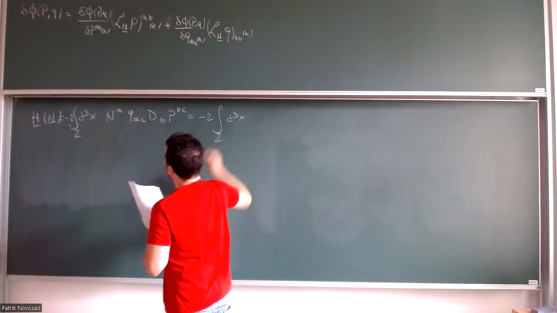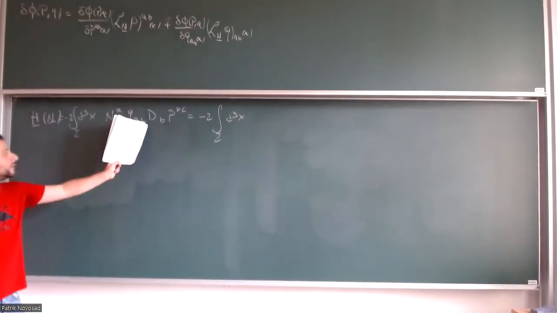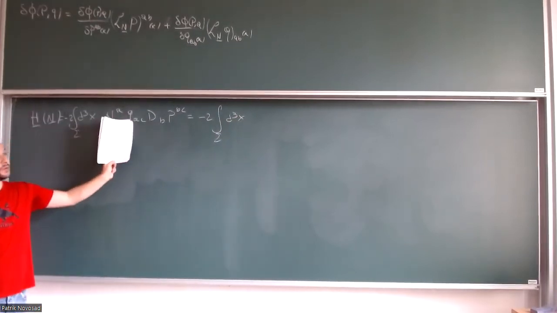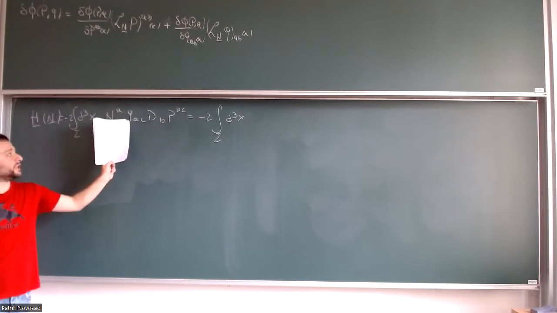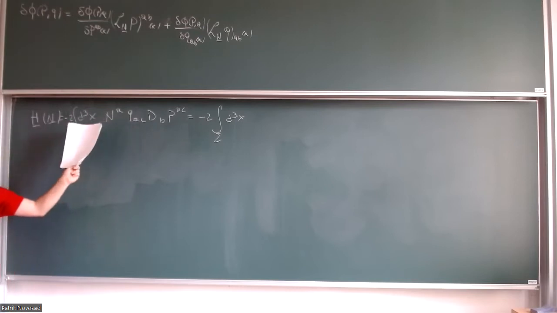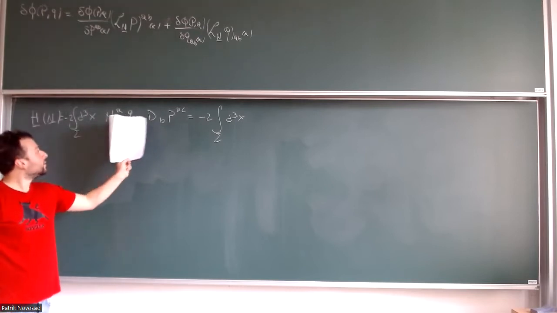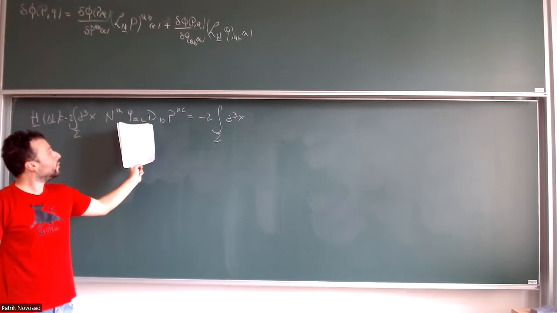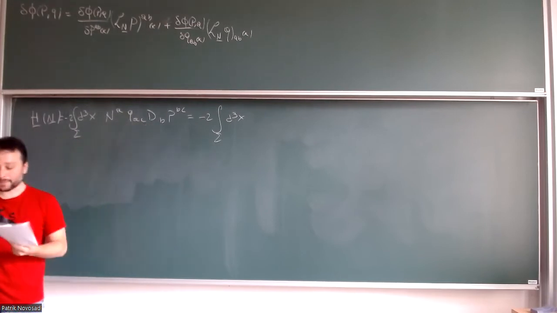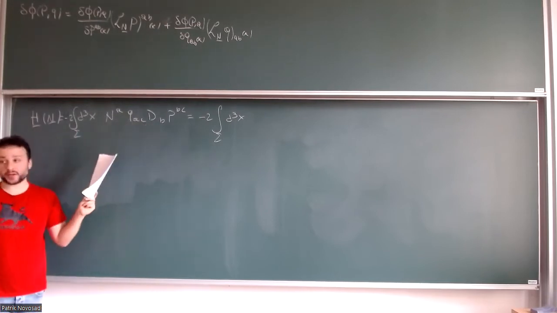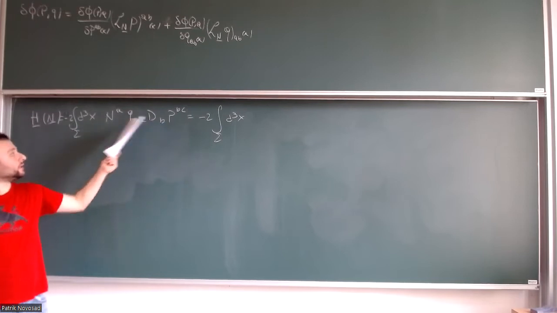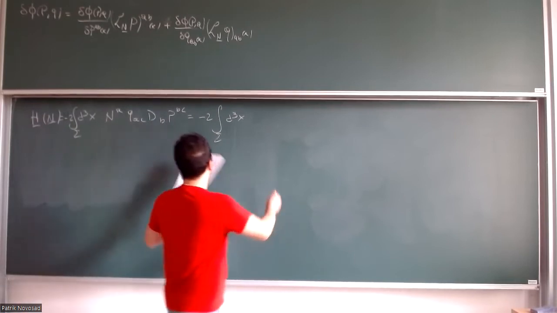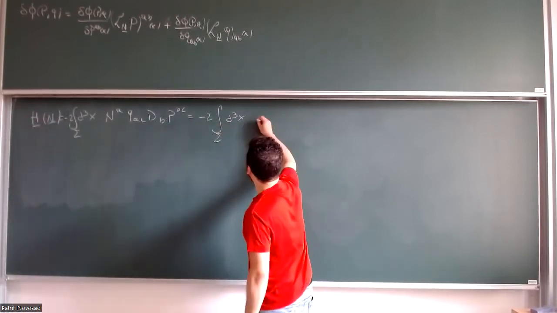The point is that we know that D is q-compatible, so the action of D on the metric tensor is 0. So we want to perform integration by parts so that we have the D on all of these parts.